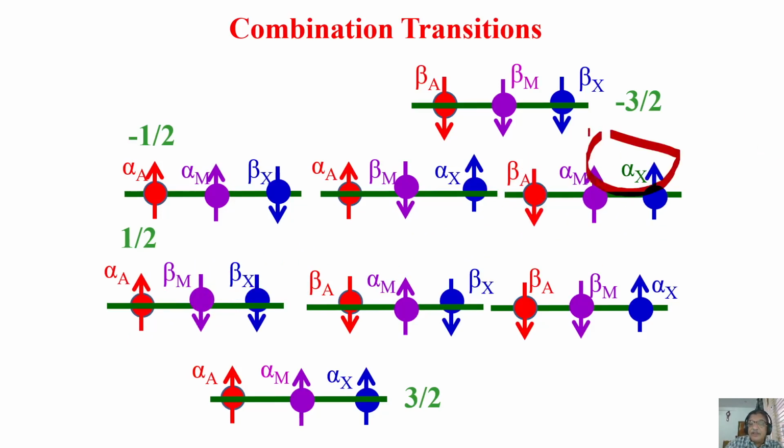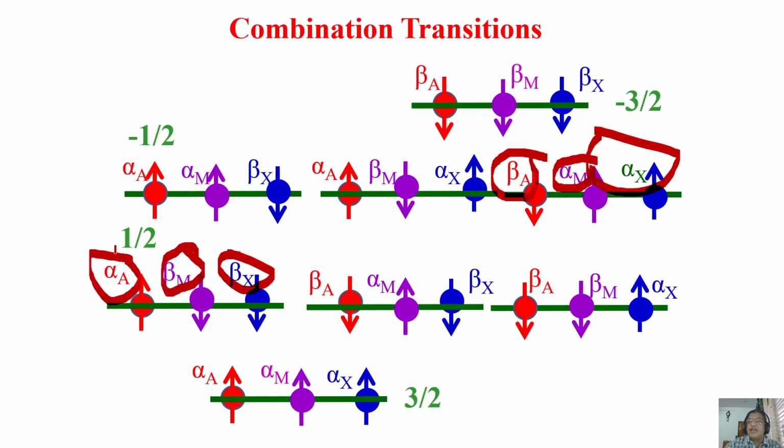Alpha x is going to beta x here. Alpha m is going to beta m. Beta a is going to alpha a. All the three are changing states from alpha to beta. Is it allowed? Any one spin can change the state from alpha to beta or beta to alpha. That's fine. But all the three can change, no problem.